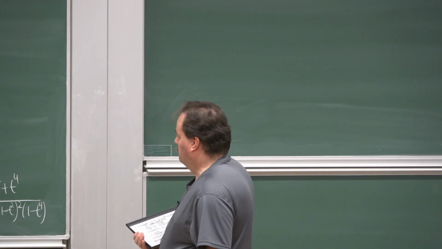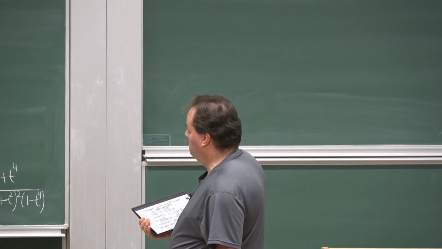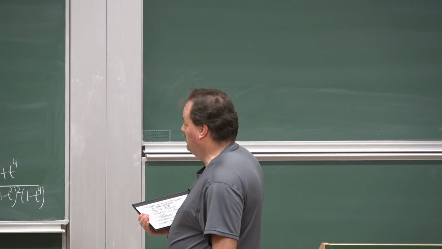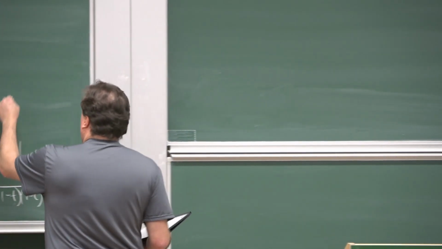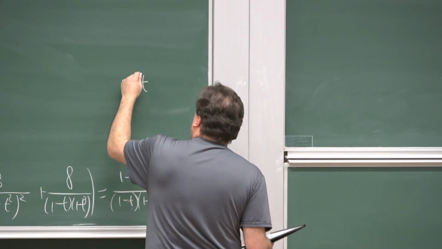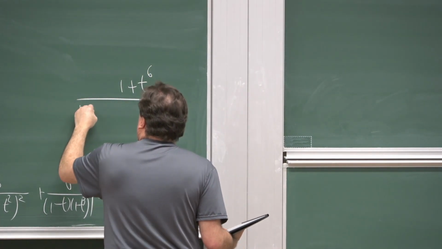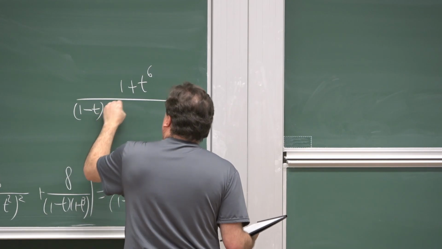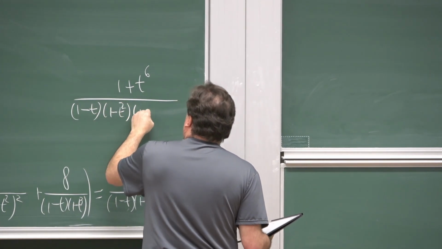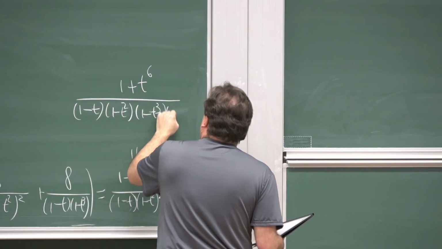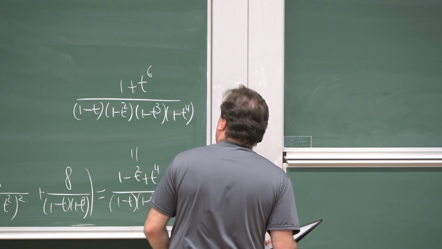But if I multiply numerator and denominator by 1 plus t squared, I can also write it as (1 plus t to the power 6) over (1 minus t)(1 minus t squared)(1 minus t cubed)(1 minus t to the power 4).